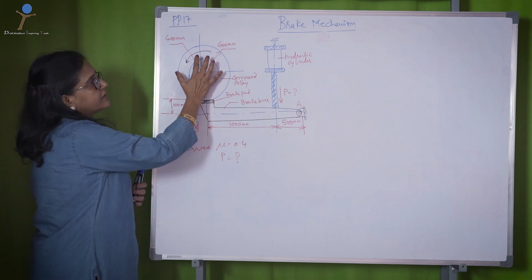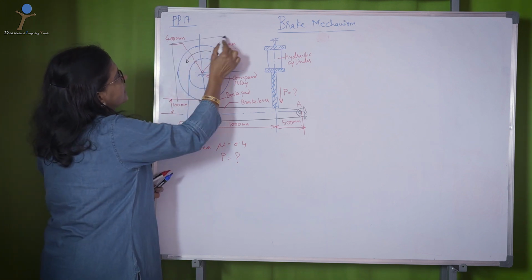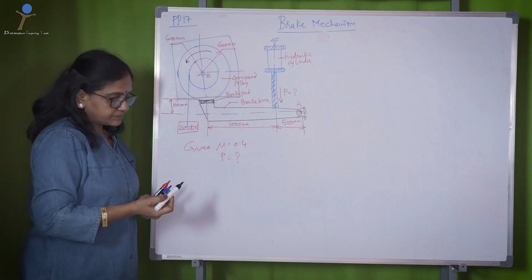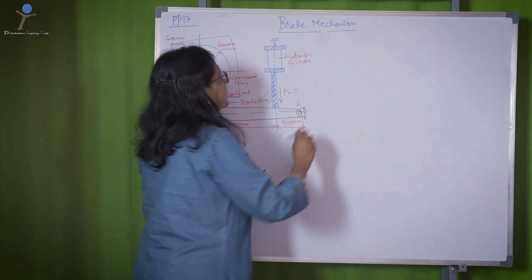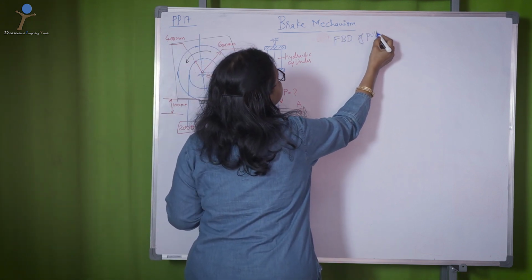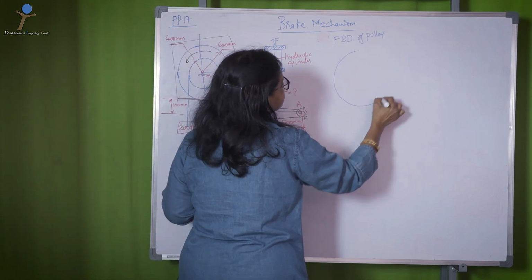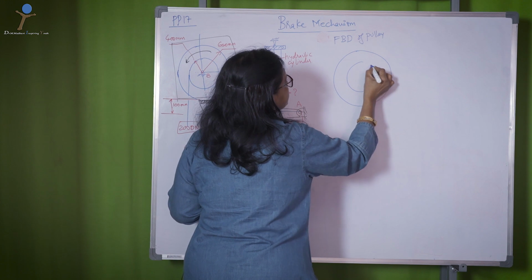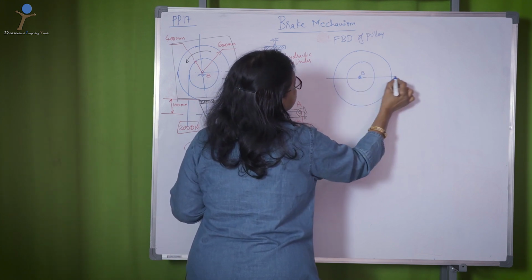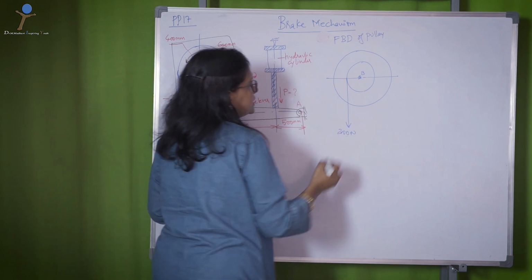In the first part, we will take this set of pulleys and the pad. Now, when you take the free body diagram of the pulley, you have the set of pulleys here with B, and this is the force of 2000 newtons in the downward direction.